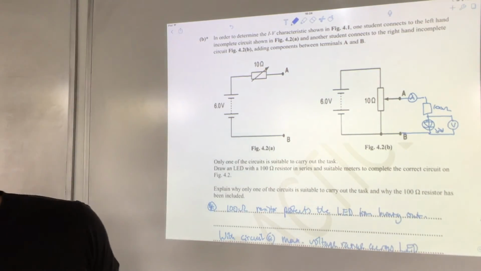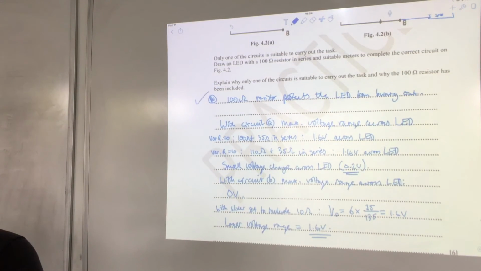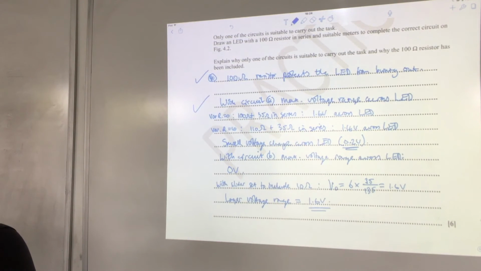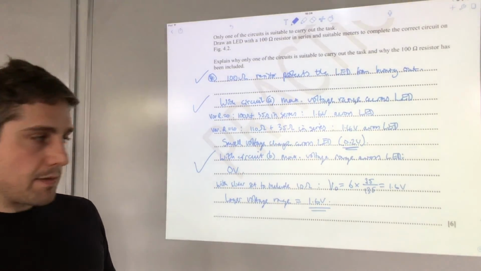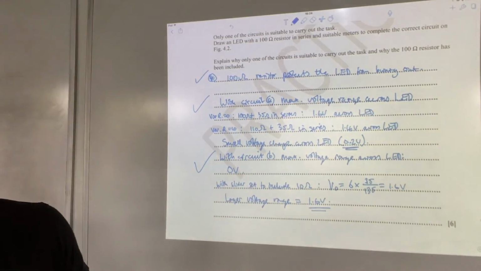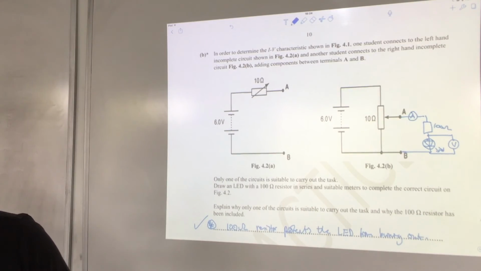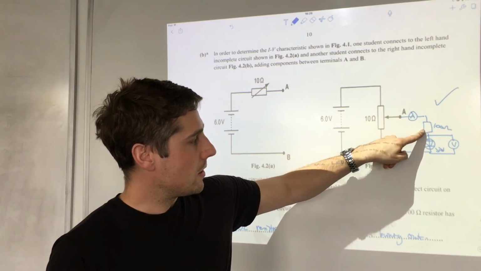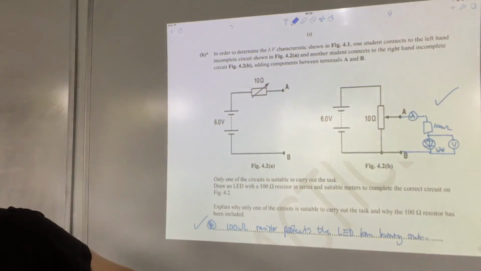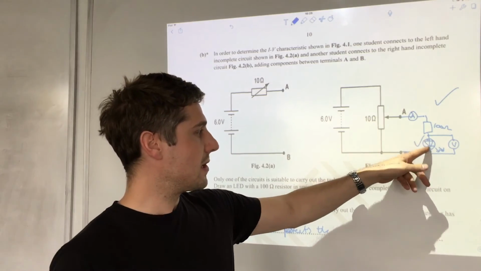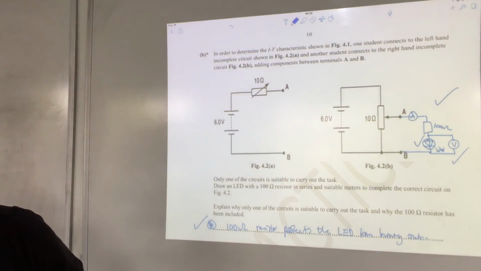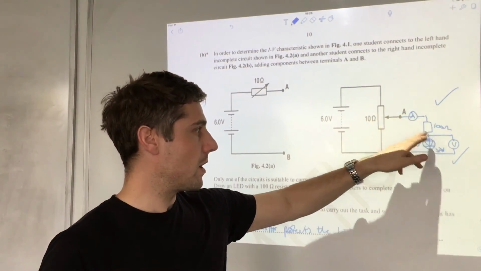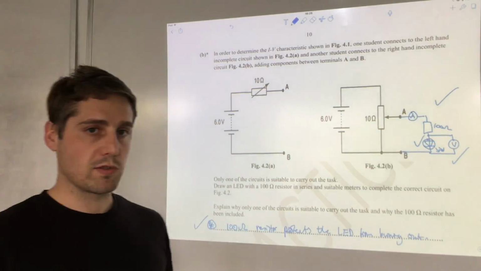So where do we get marks? We get one down here, one here for explaining that action and the voltage range you could get, and one over here for doing the same thing for circuit B. On the diagram, we're using the right circuit, and we've got the LED the right way around, correct symbols used, and the voltmeter and ammeter are arranged correctly with the ammeter in series, voltmeter in parallel.